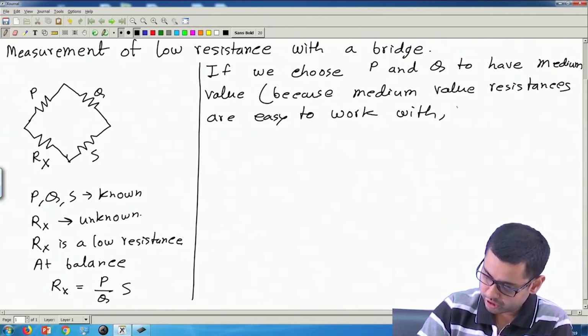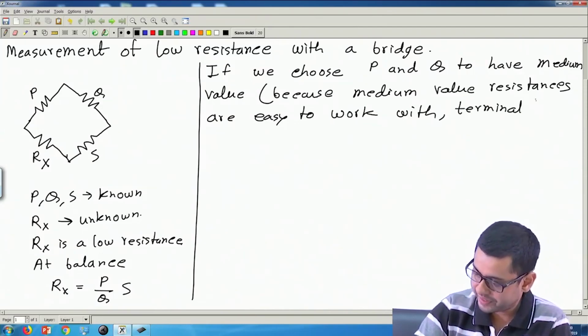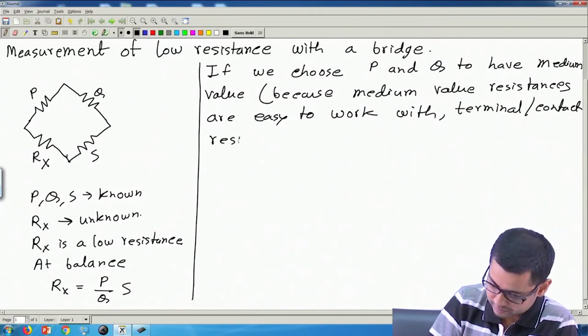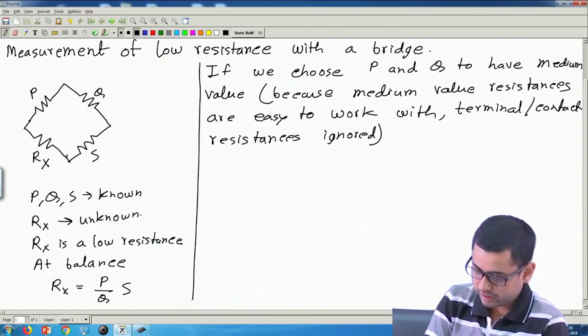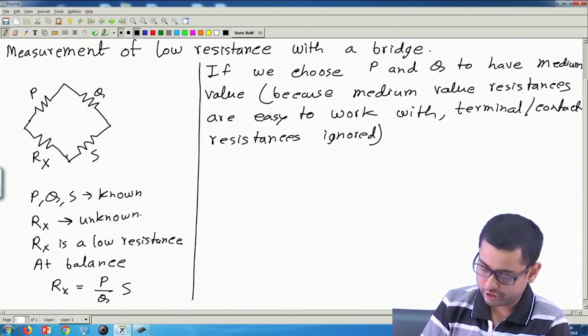So, terminal or contact resistances can be ignored. But if the resistance itself is small, then contact resistances are not ignorable.